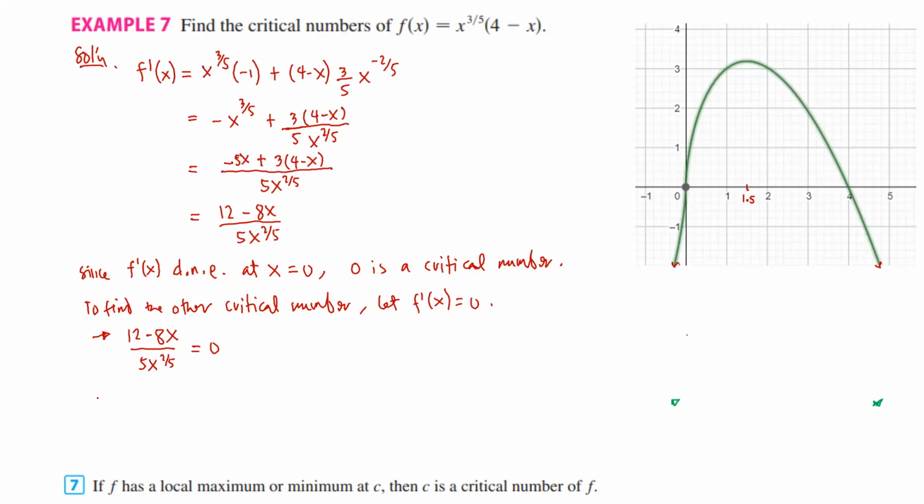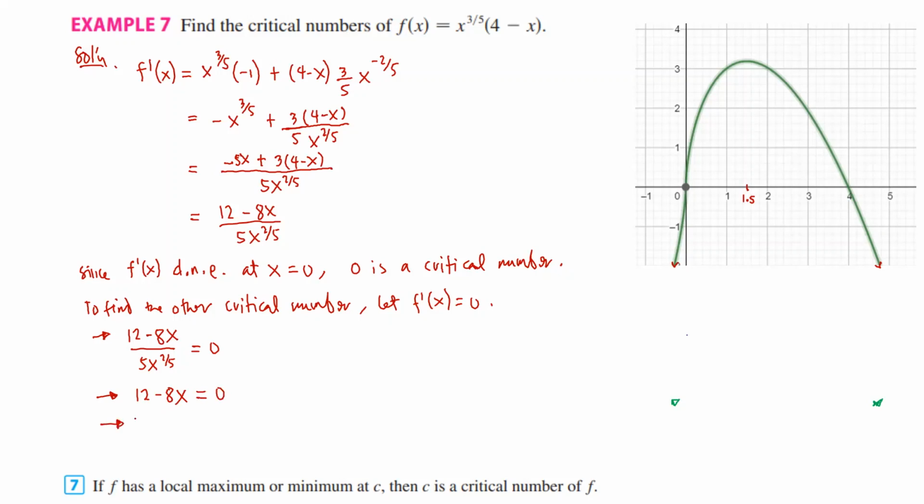So solving this, we need to get rid of the denominator by multiplying both sides by 5x raised to 2/5. So you are left with 12 minus 8x equal to 0, right?